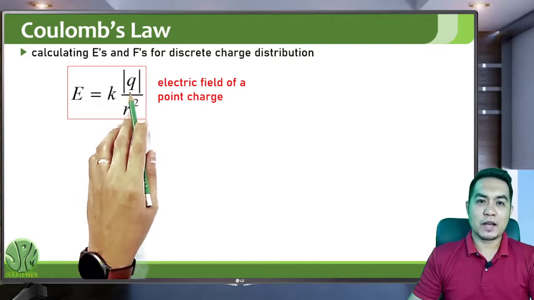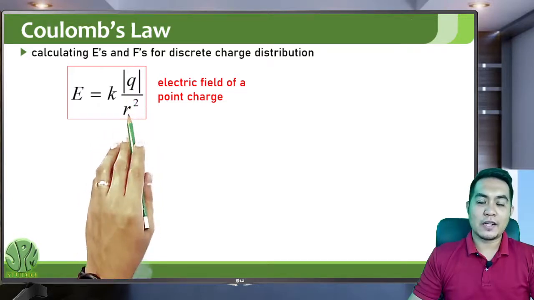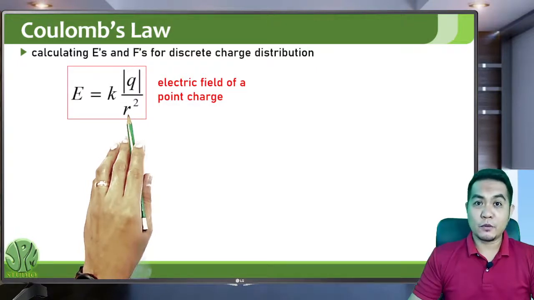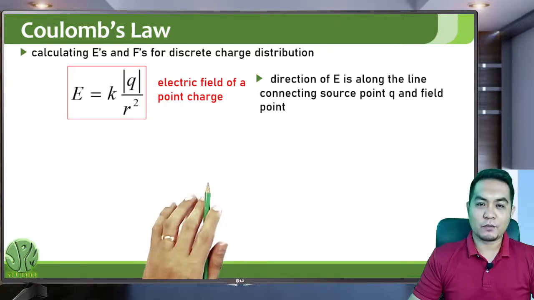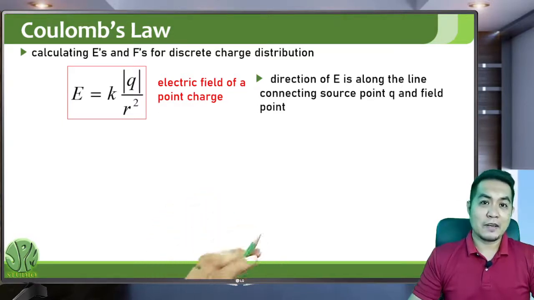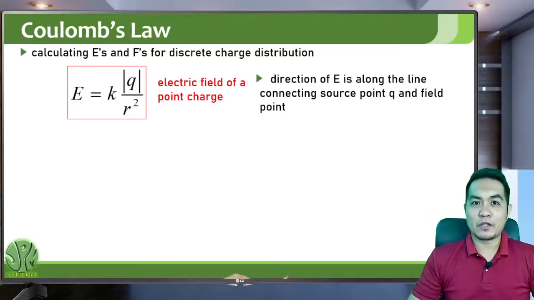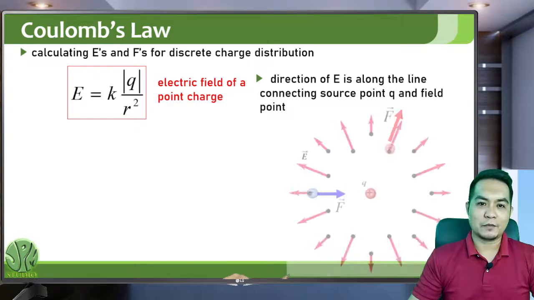We have the absolute value of Q over r squared, where r is the distance from the point charge to the point where you want to find the electric field. That point is what we call the field point. The direction of the electric field, of course, is always along the line connecting the source point charge and the field point, and it depends on whether it's positive or negative, but it's along that line.